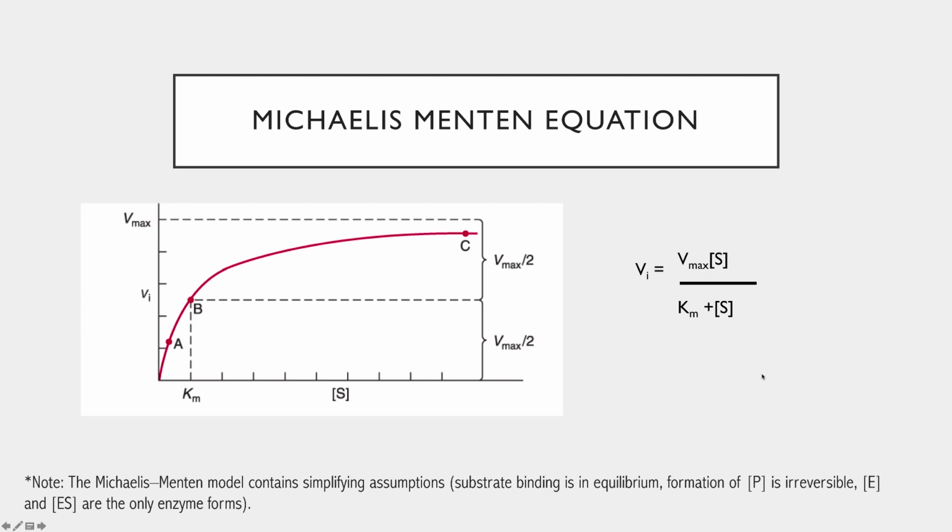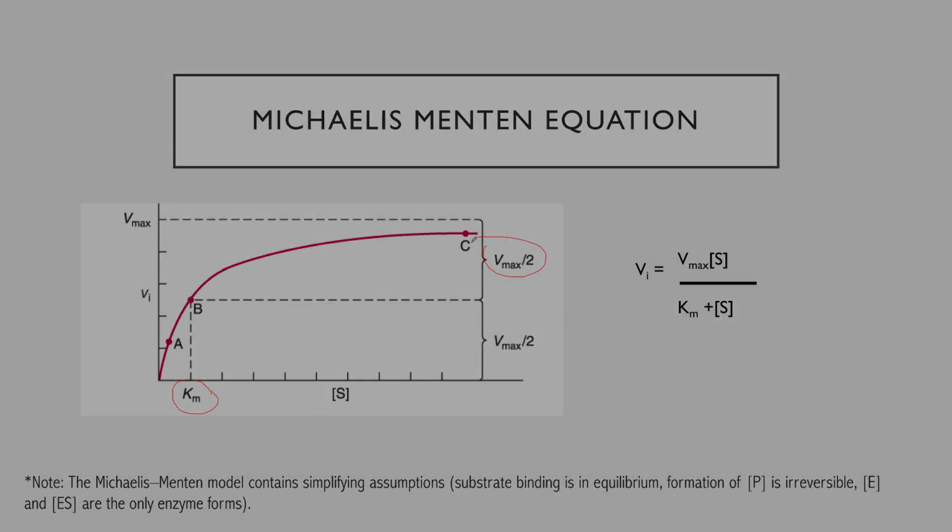The full Michaelis-Menten equation is shown here. We're not going to use this for calculations in the course, but it's important to conceptually understand the relationship between Vmax and Km. In this graphical rearrangement, it's difficult to determine exact numerical values for both Km and Vmax. However, to alleviate this issue, the Michaelis-Menten equation can be rearranged in such a way that the measured points lie on a straight line.